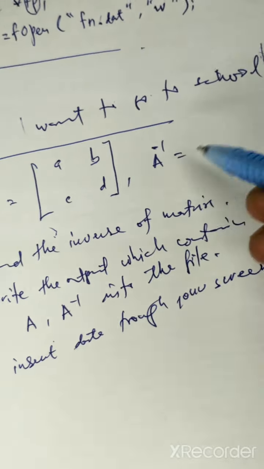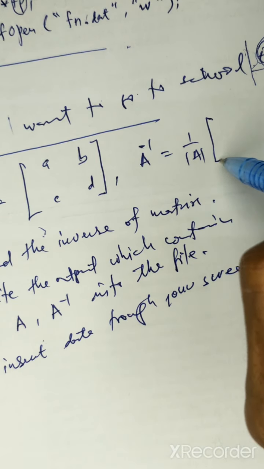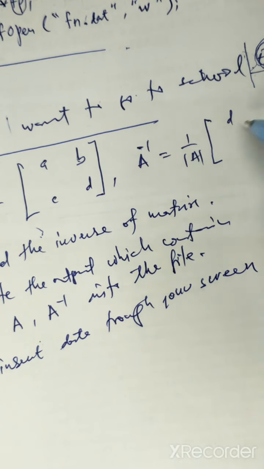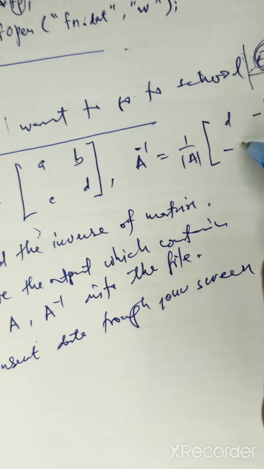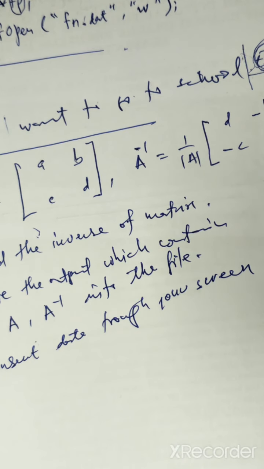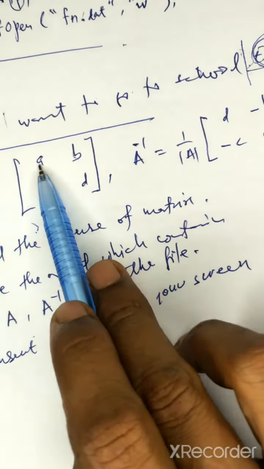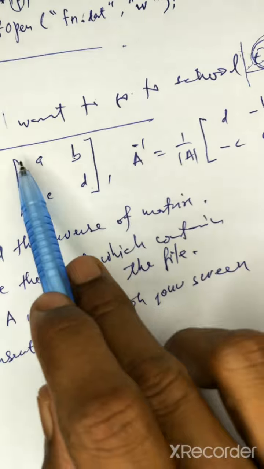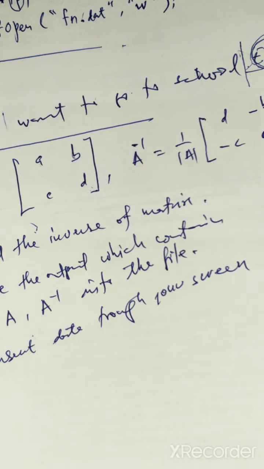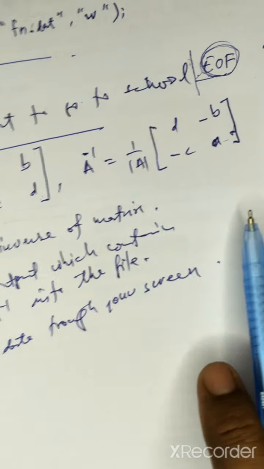The inverse of A needs the determinant of A, and here is D, A, and here is negative B and negative C. So how do you do this? First, if you look at this, we interchange A and D. We interchange the diagonal elements.